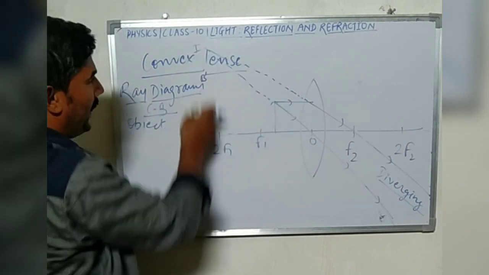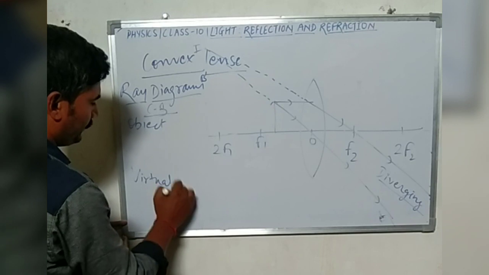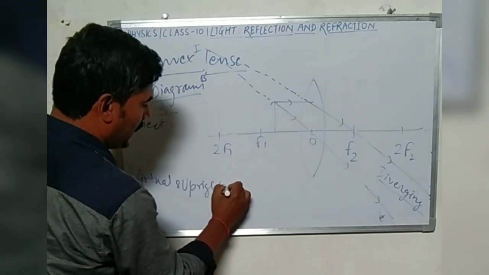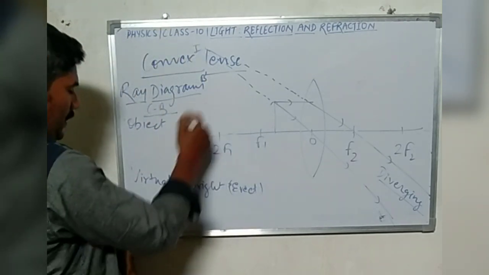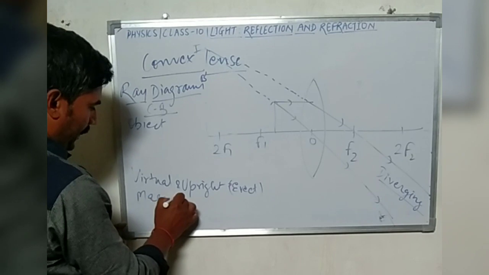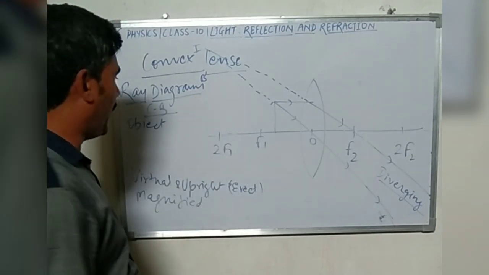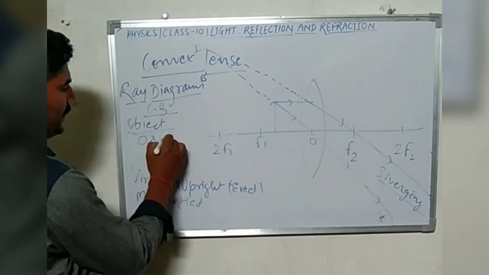It means the image formed will be virtual and upright, or you can say it is erect also. And the size of the image, as you can see, is highly magnified when object is placed between optical center and F1.